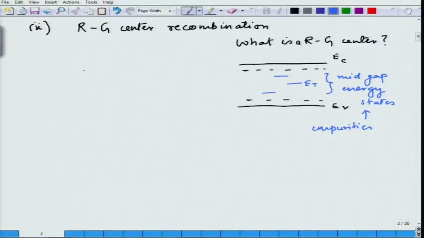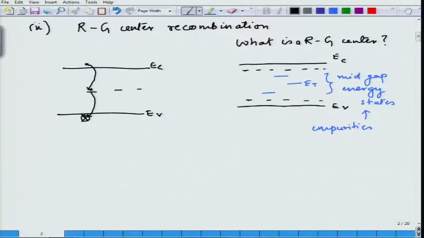How do they act as a recombination center? If we see this RG center which exists in the middle of the band gap, an electron can come to the defect state, from where it can further go down and annihilate a hole. So, it is a two-step process now, which was earlier one step from conduction band to valence band. Now, it has become from conduction band to the RG center, which is the impurity energy level, and then to the valence band.